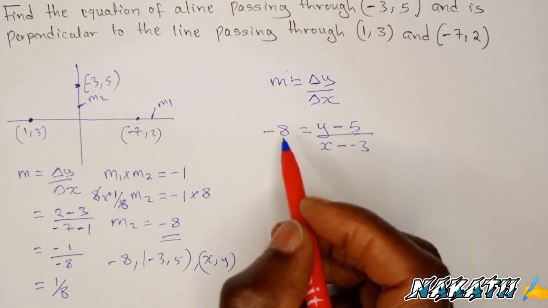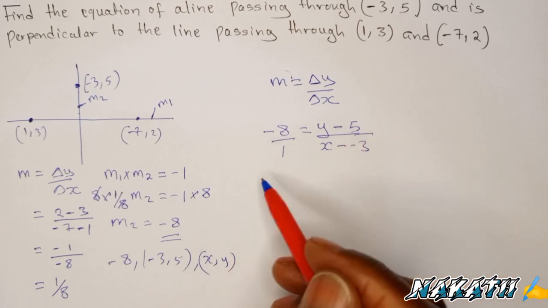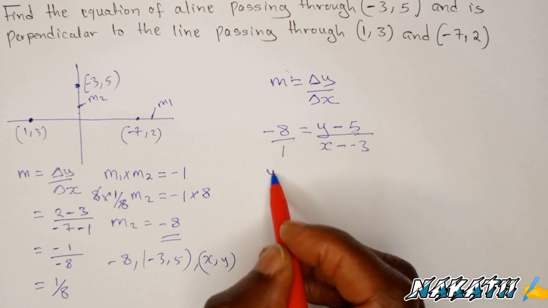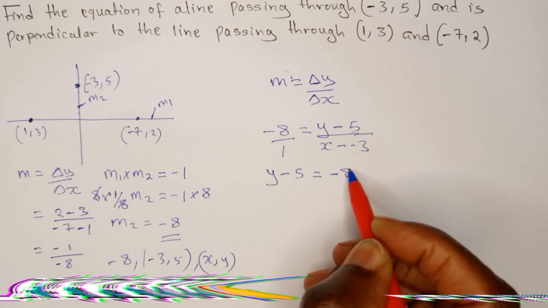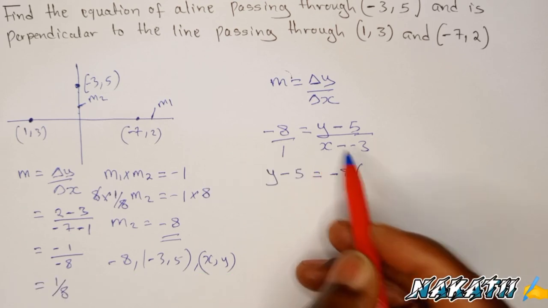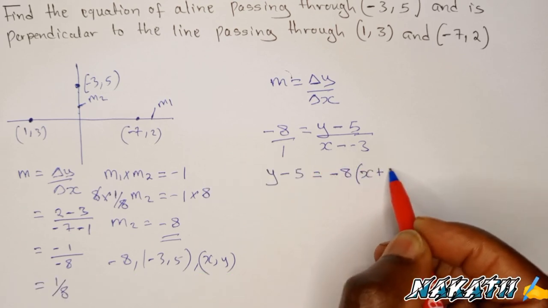This can be over 1. If you cross multiply, you're going to have y minus 5 equals -8 into x plus 3.